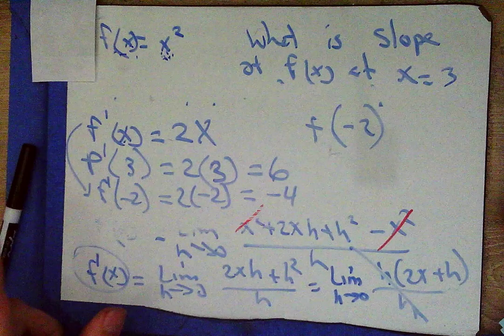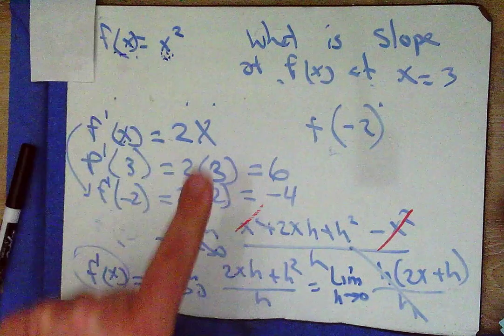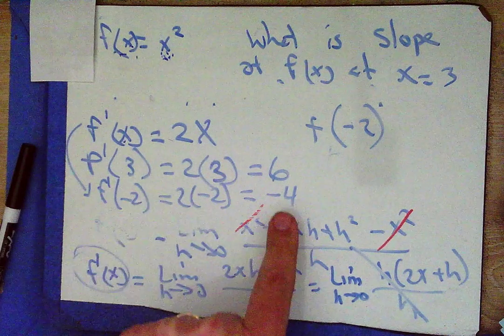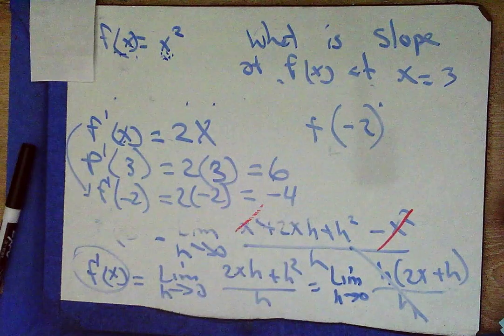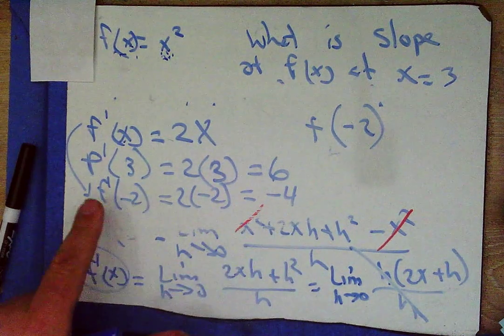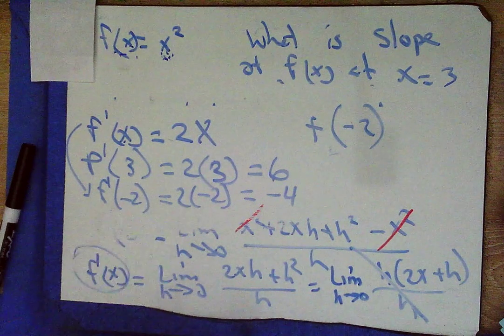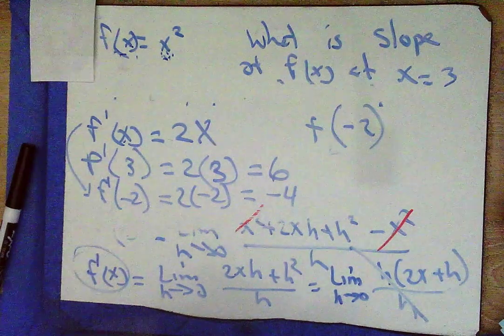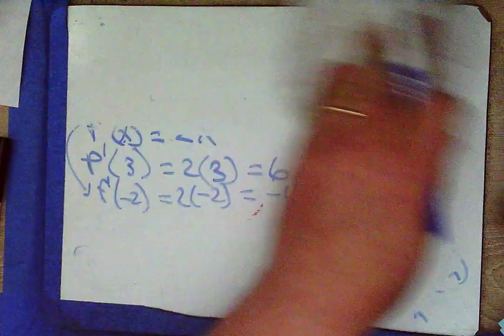So the slope on f at negative 2 is negative 4. These derivatives find slopes at points, okay? So what are you supposed to do with this? Well, you're supposed to become masterful of this.